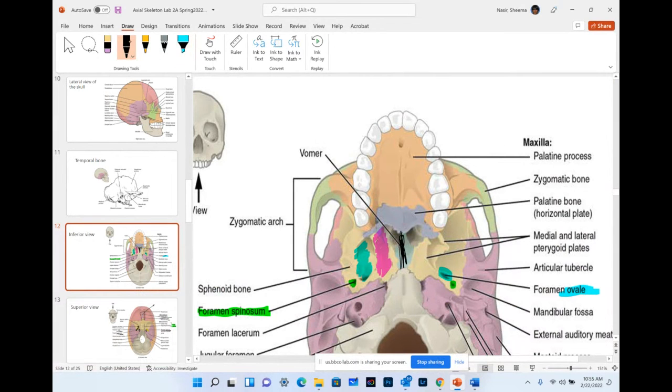Now notice there is a line somewhere in the posterior 1/4. So this is 3/4 here and 1/4 here. In the 1/4 posterior part, you can see a line. Whatever is in front of that line, this entire area, that is the palatine process of maxilla, because it's making the roof of the mouth cavity, your palate.